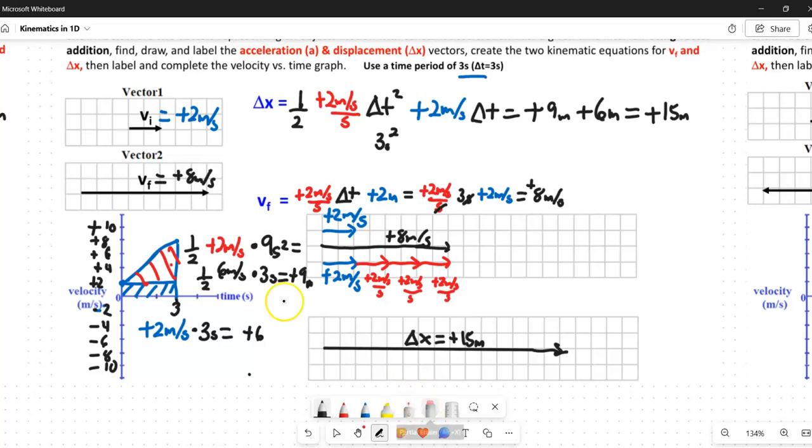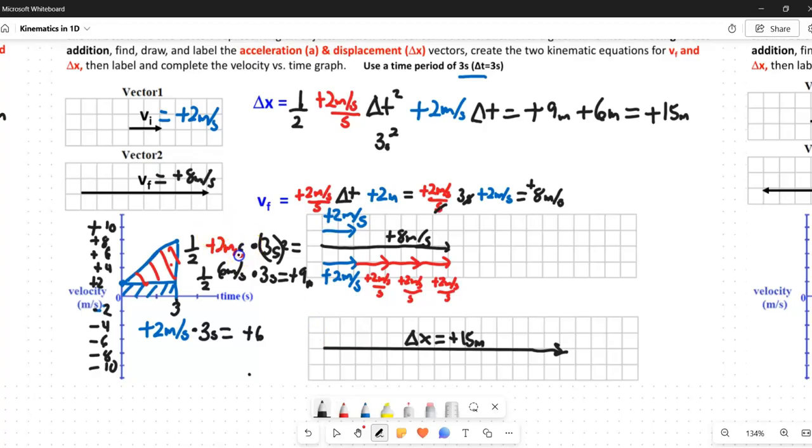And I don't know why I put a 9 there. That should be 3. So sorry about that. This should be 3 seconds that we're squaring, right?